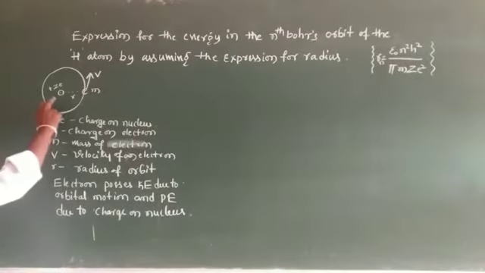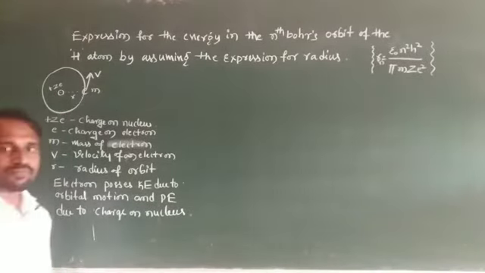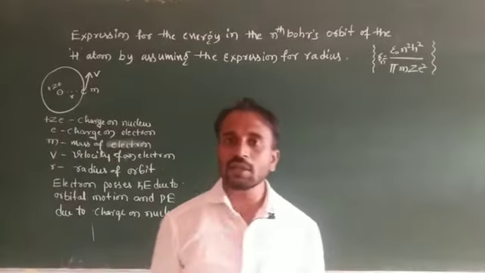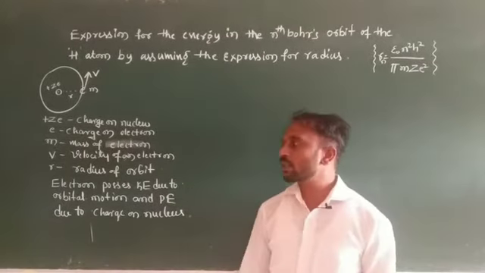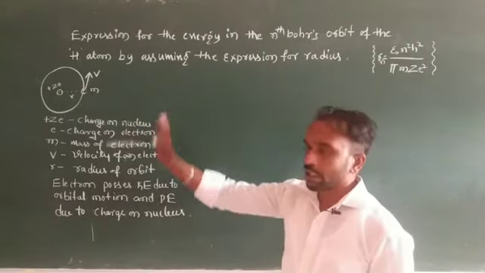We already know the charge on the nucleus is plus Ze, and the charge on the electron has a negative sign.